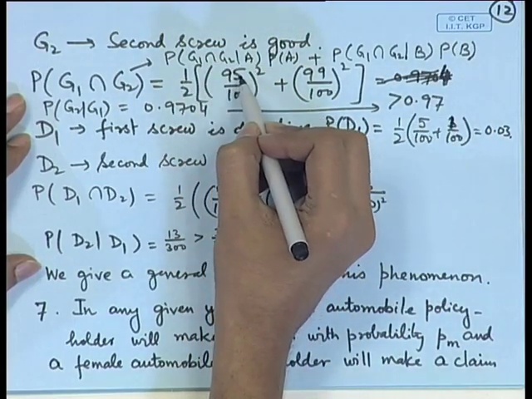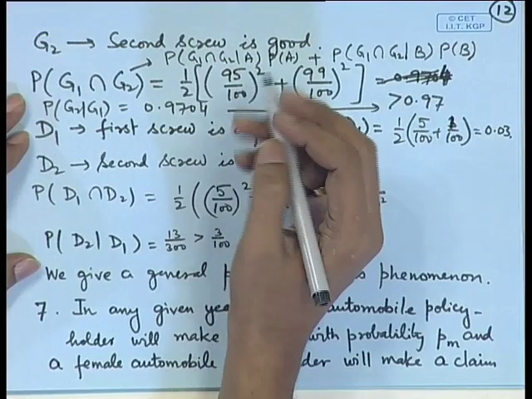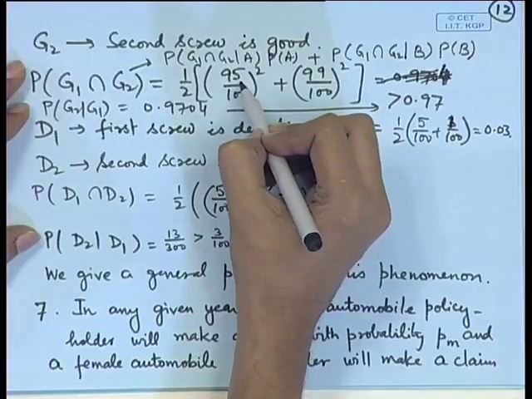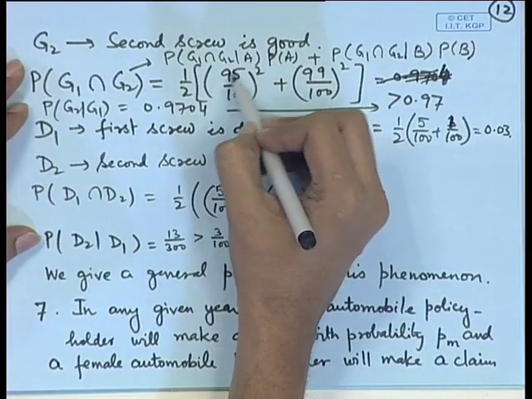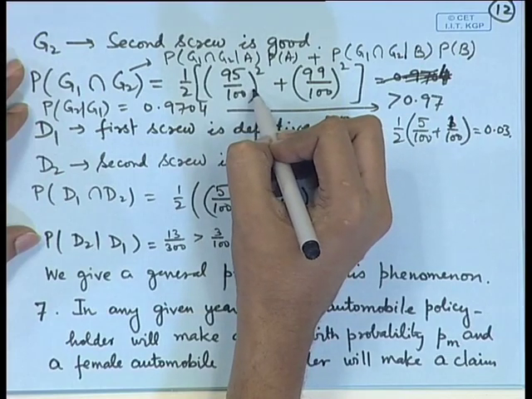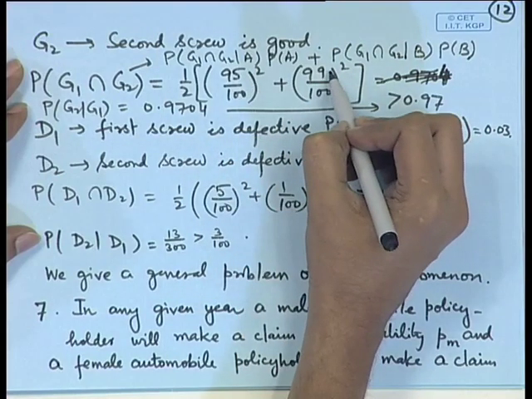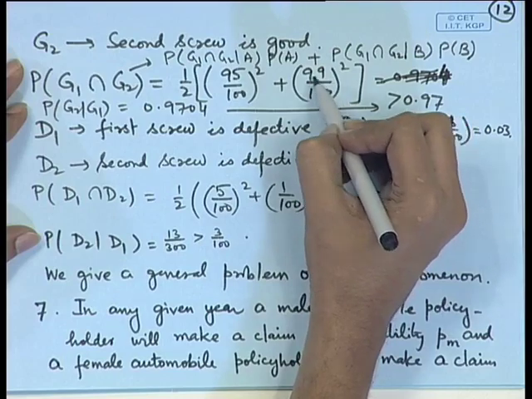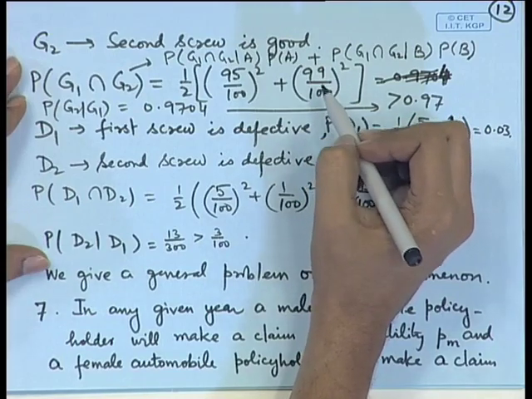Here the first screw is good with probability 95 by 100. Now, all the screws are coming independently from factory A or factory B. So, at each inspection the probability of them being defective or good remains the same. So, it will be 95 by 100 into 95 by 100 if it is coming from factory A. In a similar way, from factory B, it will be 99 by 100 into 99 by 100.